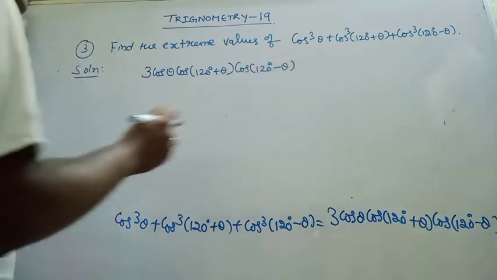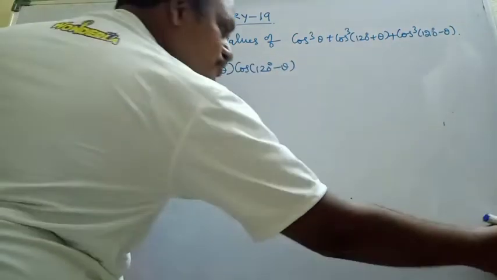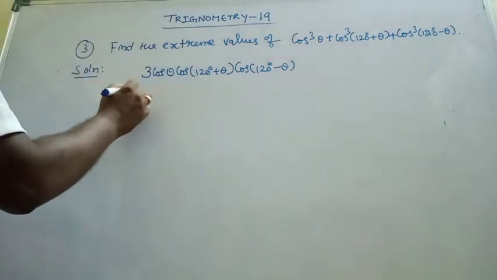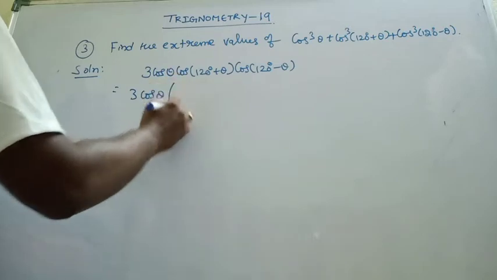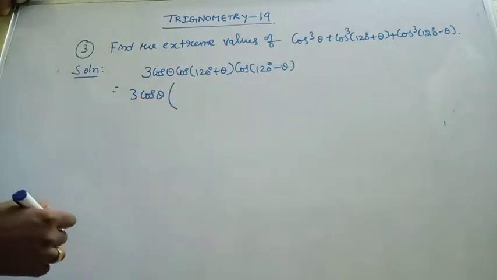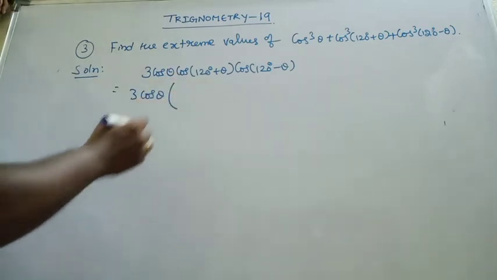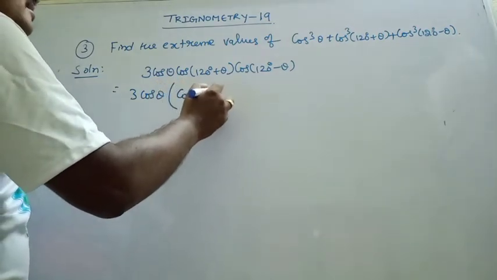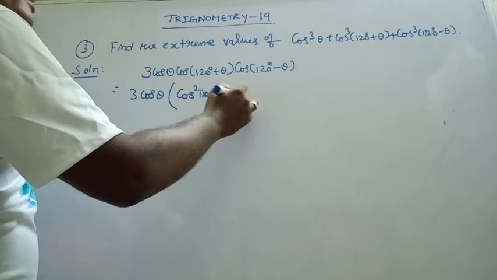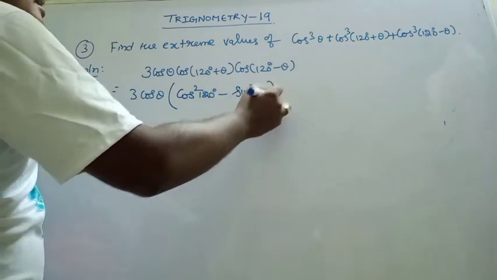Once you have got this, this is now 3 into cos theta, and cos(A plus B) into cos(A minus B) is nothing but cos square A minus sin square B. Here it is cos square 120 degrees minus sin square theta.